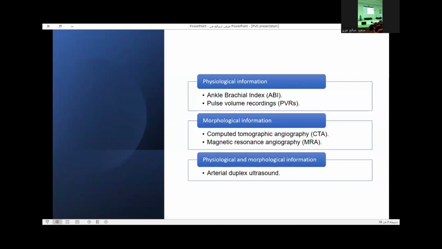The physiological information we can obtain in the clinic is mostly ABI, ankle brachial index, and pulse volume recording. For morphological information, we can do CT and MRA. And the most important tool for evaluating both physiological and morphological information is ultrasound, arterial duplex ultrasound.